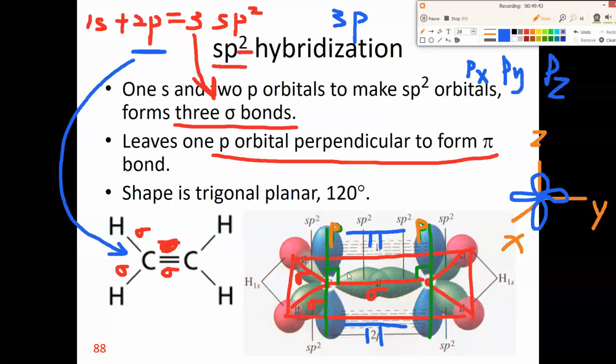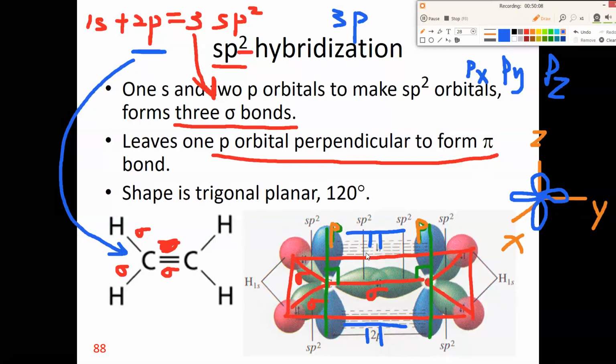Basically, this green color is perpendicular to the red color. On top and bottom is one pi bond overlapping.